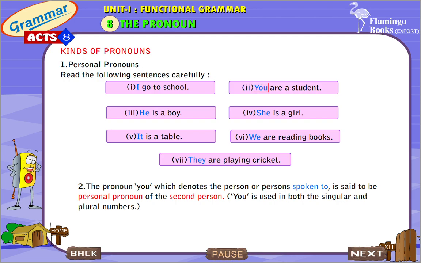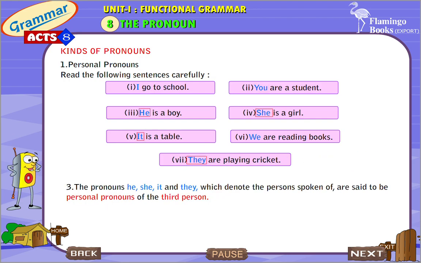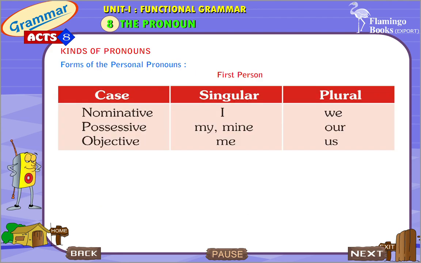The pronoun you, which denotes the person or persons spoken to, is said to be a personal pronoun of the second person. You is used in both the singular and plural numbers. The pronouns he, she, it and they, which denote the persons spoken of, are said to be personal pronouns of the third person.